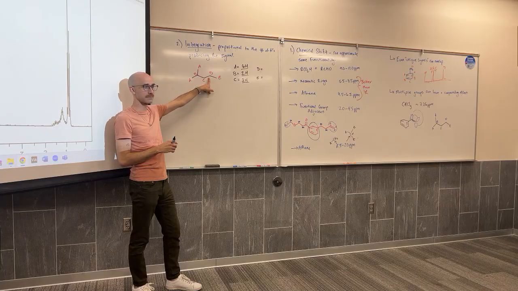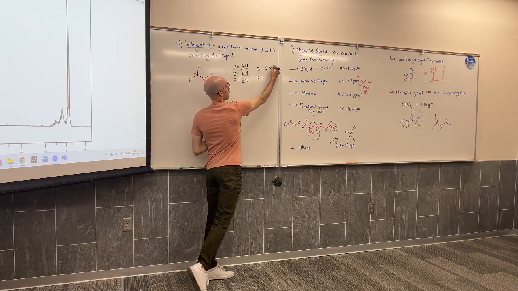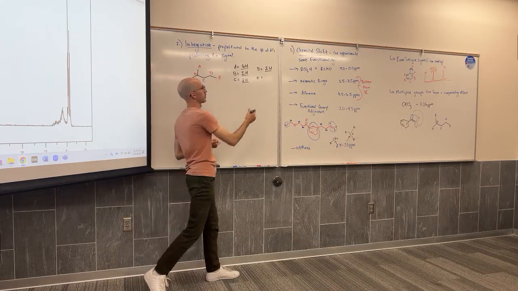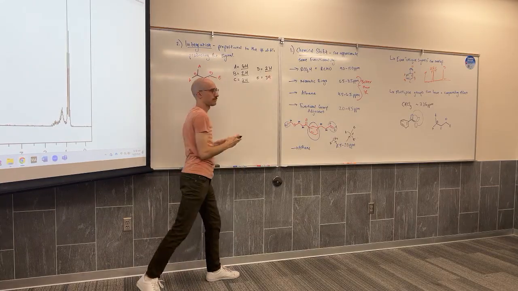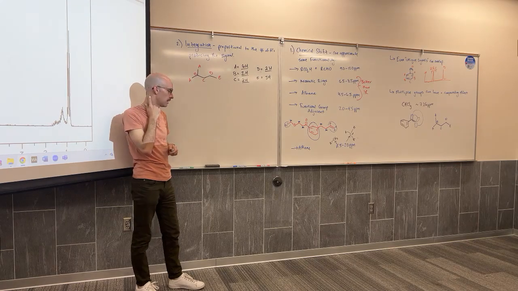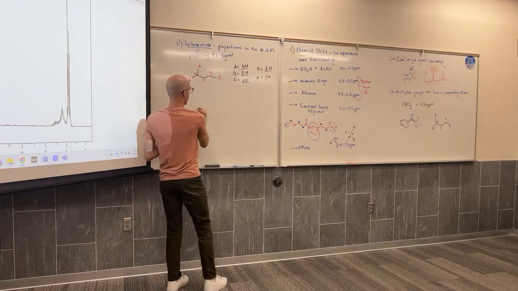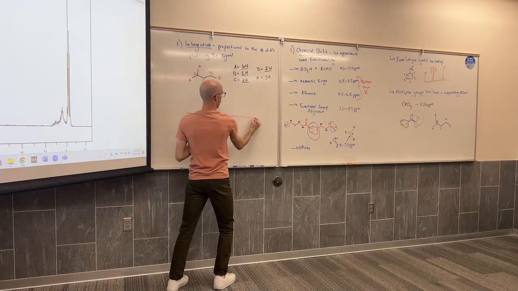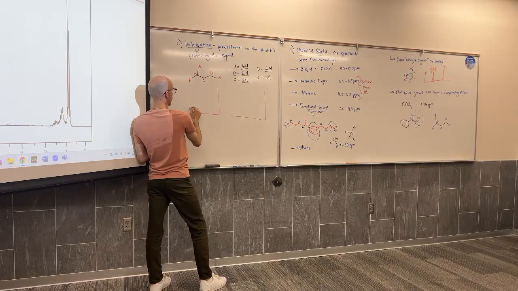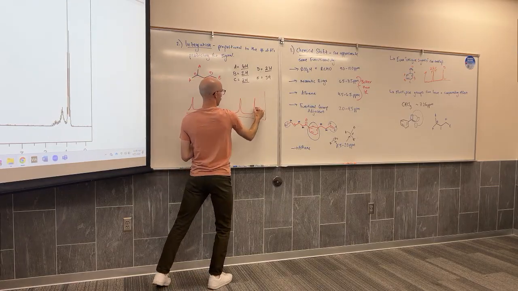D, 2H. Signal E, 3H. Now, I will give you an NMR spectrum. Let's maybe look back at that methylbenzene where we just had 2 signals.